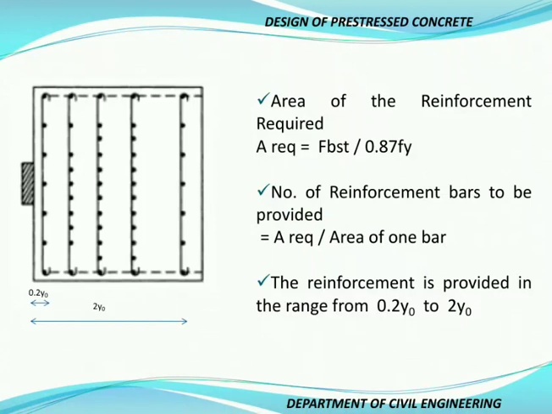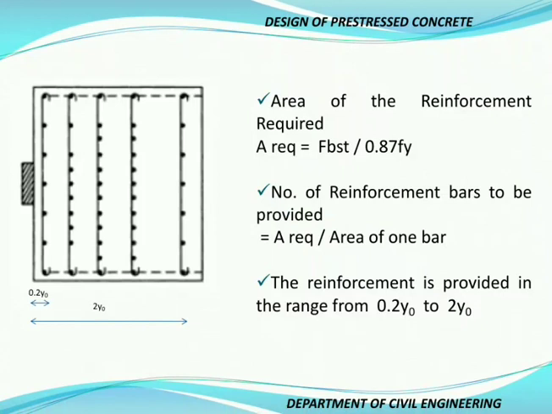Then the number of reinforcement bars to be provided is calculated using the relationship area required divided by area of one bar. This is the same way as we find the reinforcement in case of RCC, Ast required upon the area of a bar. In a similar way, here we have to calculate the number of bars required for the end block or the anchor zone.